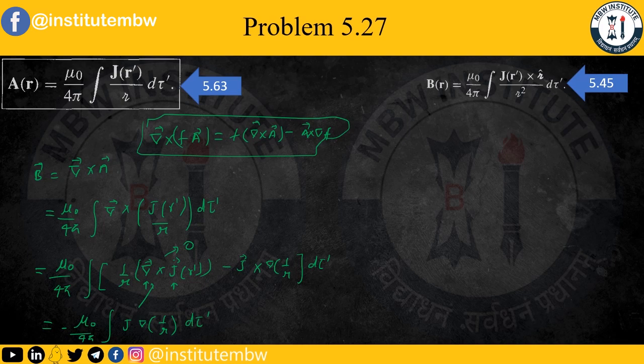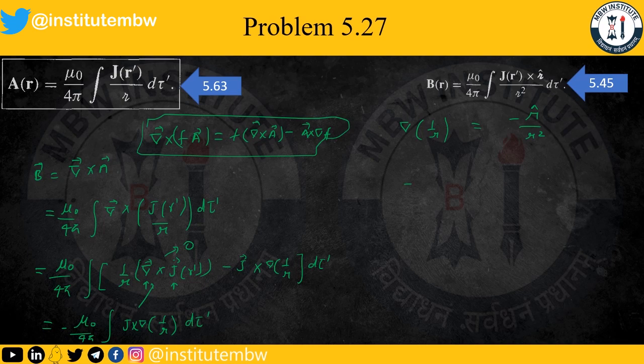So as I wrote the formula, del of 1 upon r, this is cross in between, so J cross del 1 upon r, so this is minus, and del of 1 upon r is minus r cap over r square.